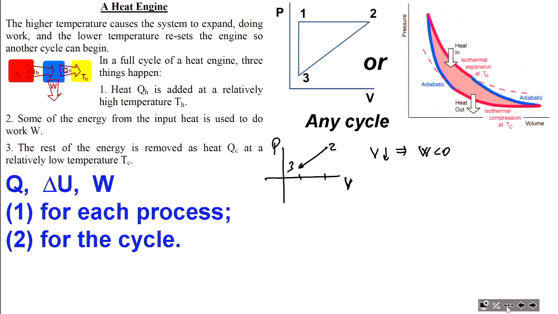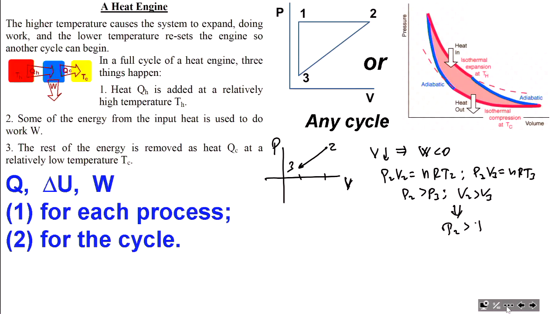But for this process, if we relate P2V2 to nRT2, and on the other hand P3V3 to nRT3, because both pressure and volume for the second state are greater than pressure and volume for the third state, that immediately tells us that the temperature of the second state will be higher than the temperature of the third state.